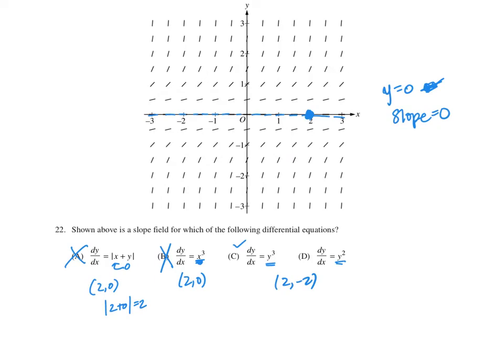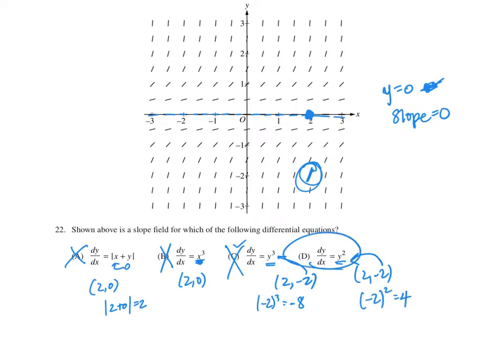The point there at 2, -2 looks positive. If I were to plug in -2 and cube it here, a negative times a negative is a positive, times a negative gets me a slope of -8. Obviously, my slope needs to be positive here, so it cannot be C. If I were to plug in the point 2, -2, again, because it's an even exponent, -2 squared gets me a positive slope. My answer is D.